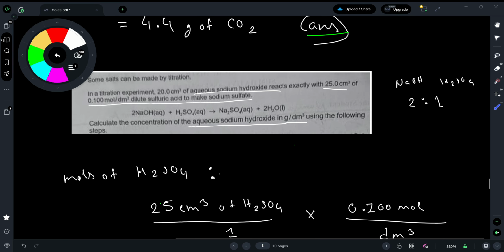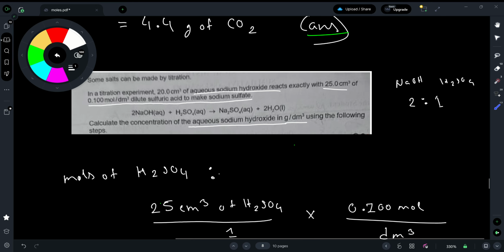So we convert cm cube to dm cube. 25 divided by 1000 gives us 0.025 dm cube. Then times 0.400 moles per dm cube.